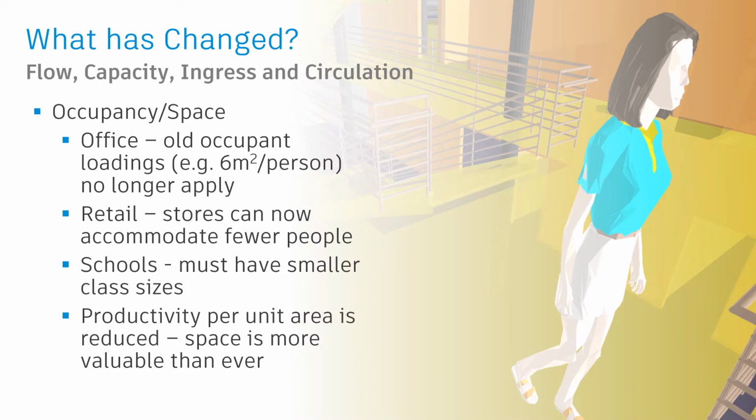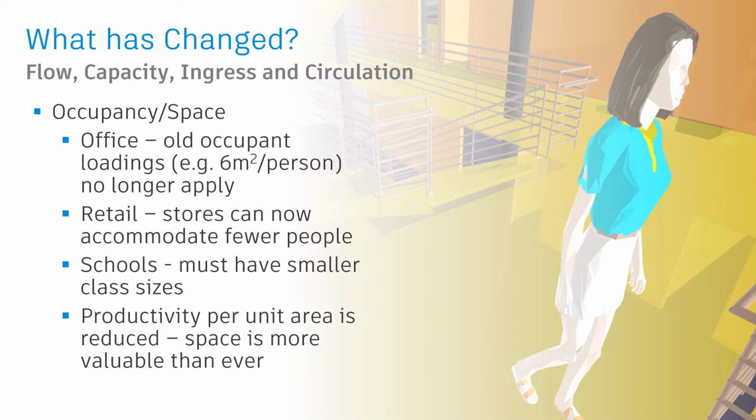Okay, so what's changed? Well, it boils down to four main areas: flow, capacity, ingress, and circulation. So the first one really, occupancy or space. The old occupant loadings of 6 meters per square meter per person no longer apply because we need more space to maintain safe distancing.